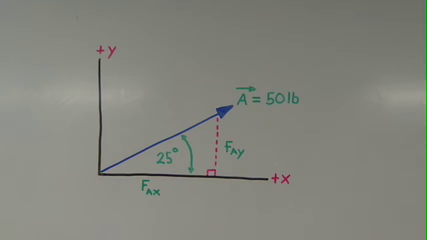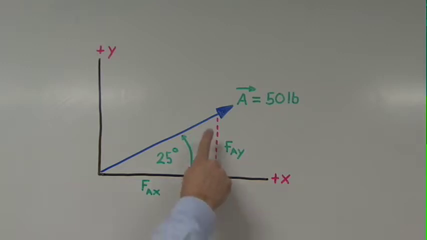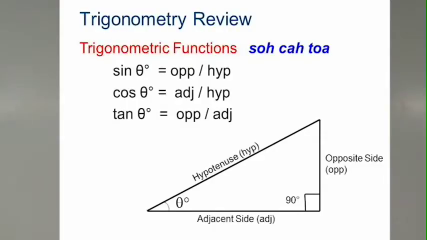Now we have to take this vector and break it into its x and y components. Notice in the diagram on the board, I have drawn a line down in the y direction that intersects the x direction, making a 90-degree or a right triangle out of the vector. Now that the vector has been broken down into a right triangle, we can use trigonometric functions, SOHCAHTOA, sine, cosine, or tangent.